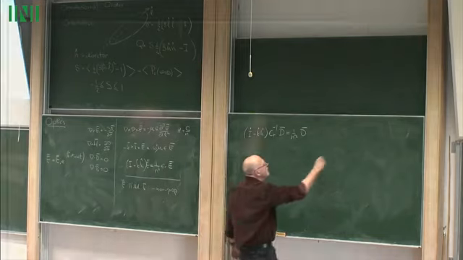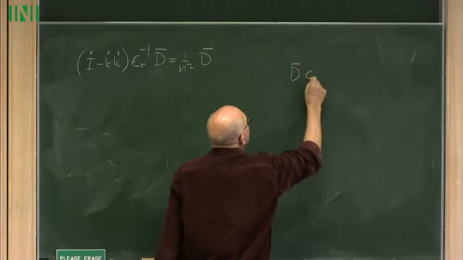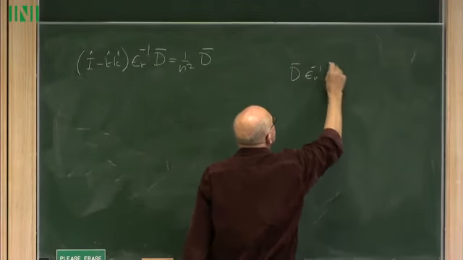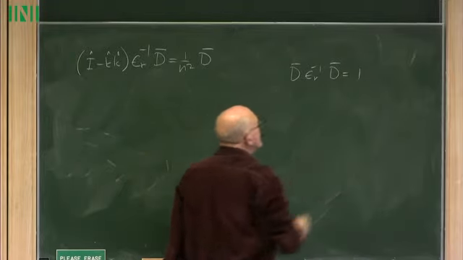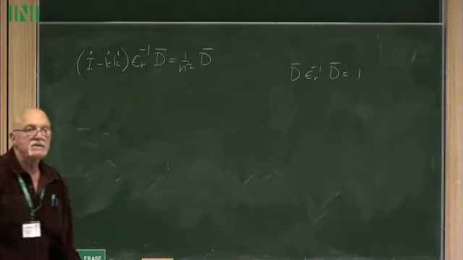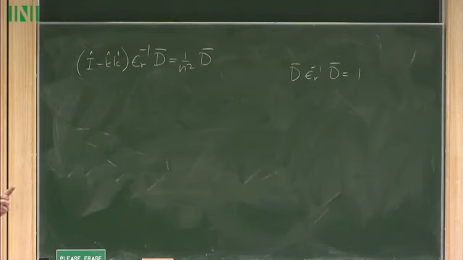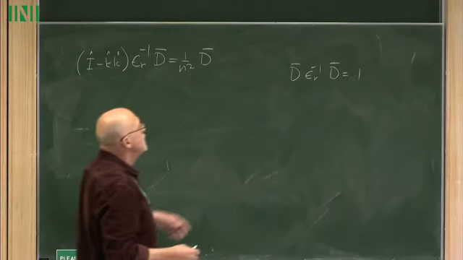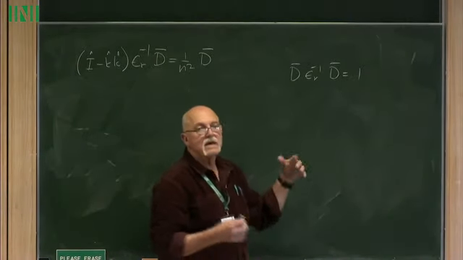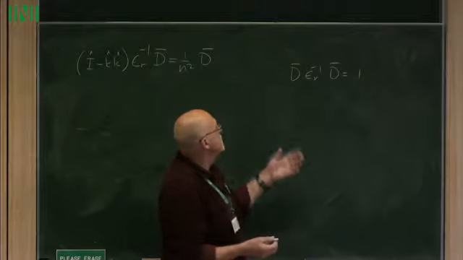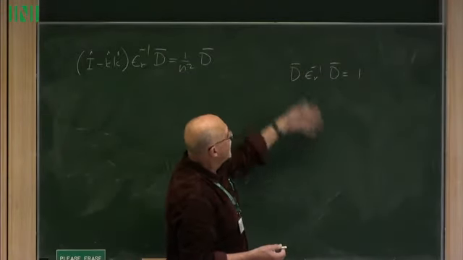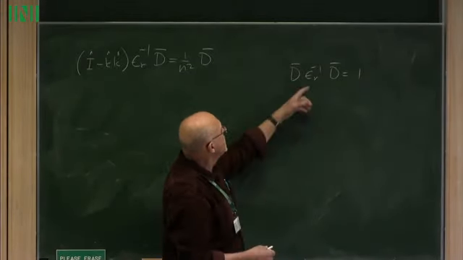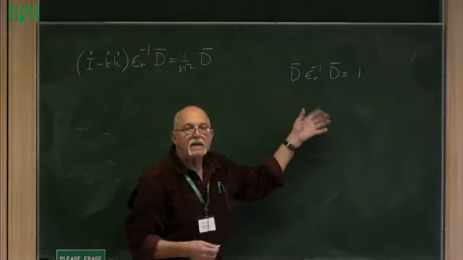So if I think of D epsilon r inverse D being equal to, let's say, 1, then this is just the equation of an ellipsoid. If you think of r instead of D, then this is just the equation of an ellipsoid, where the principal axes are the reciprocals of the eigenvalues here.